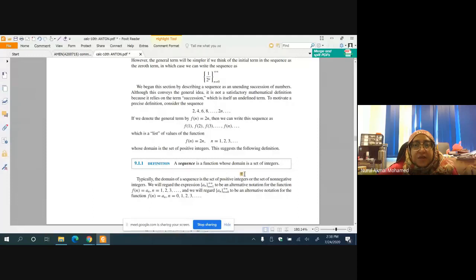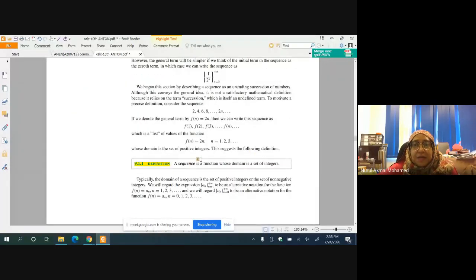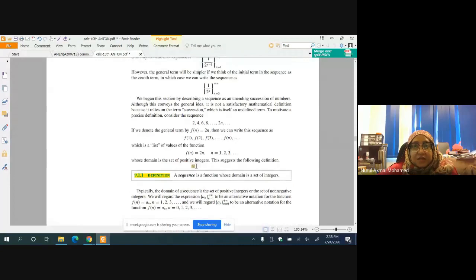Next. A sequence is a function whose domain is a set of integers. This is the definition of the sequence. It means that we can map the sequence with the domain of the set of integers. Like this one, this is the sequence 2, 4, 6, 8, and so on.